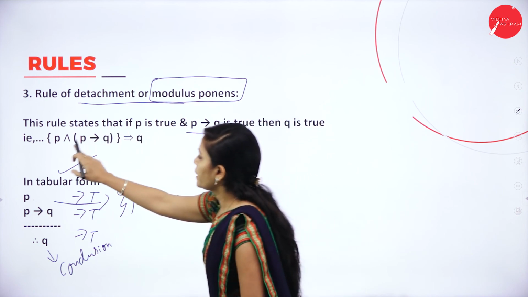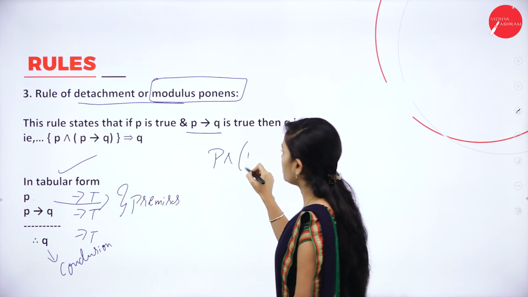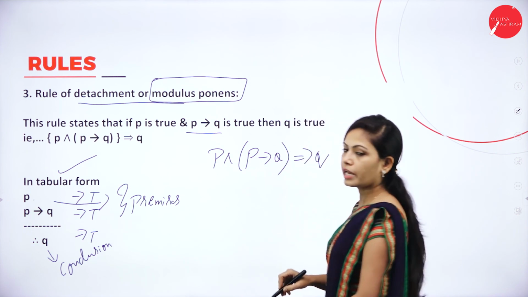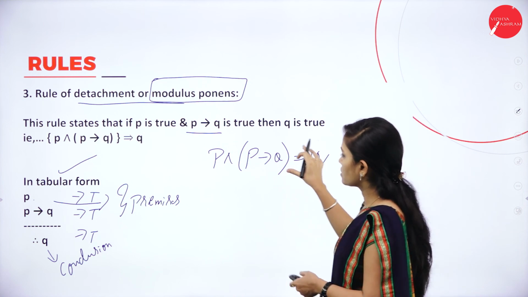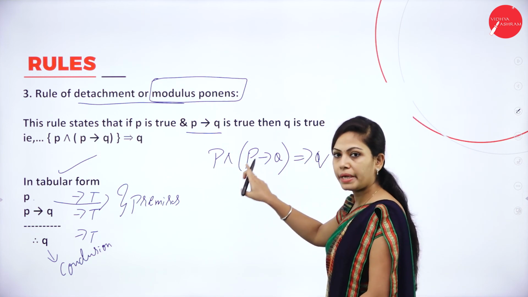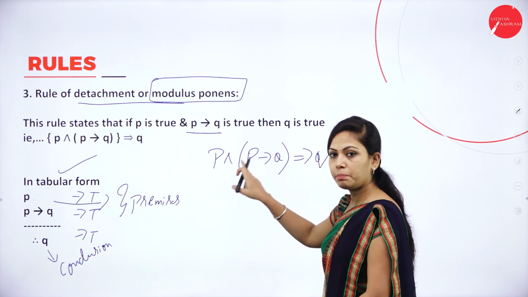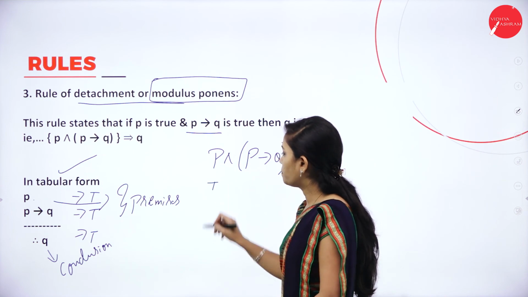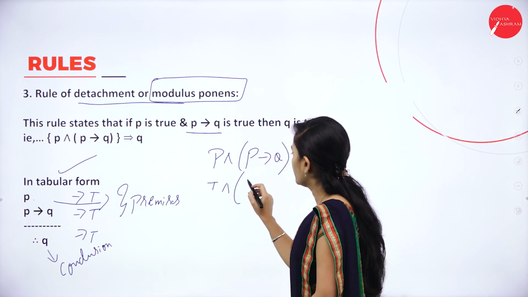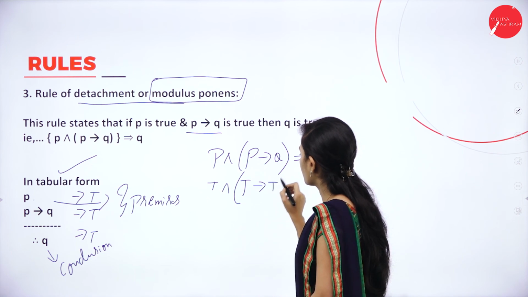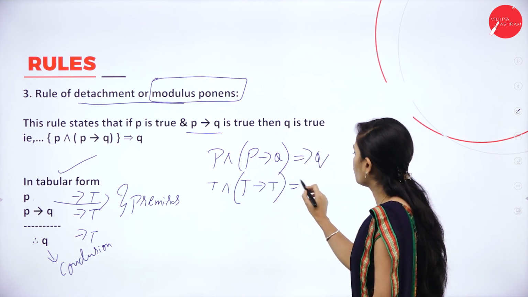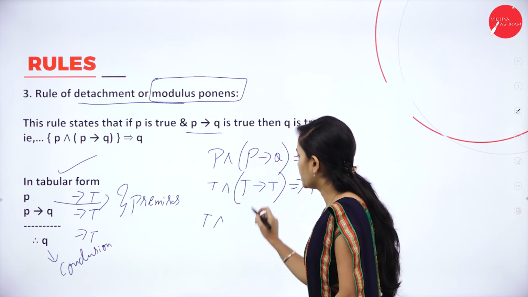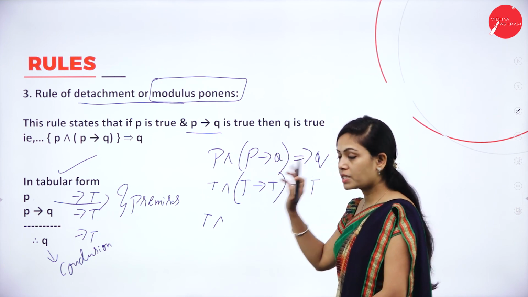Here, P and P implies Q, and the conclusion is Q. If P and P implies Q is true, then Q is also true. For example, if P is true and P implies Q is also true, then Q must be true. Clear? So, here I am using the AND operation. If P is true, Q must be true.